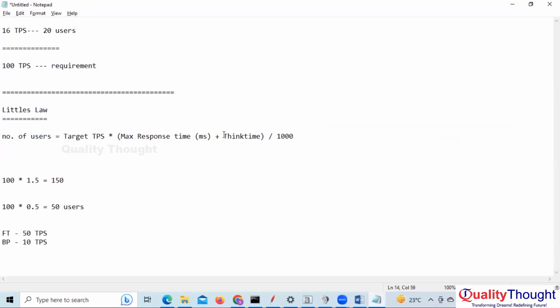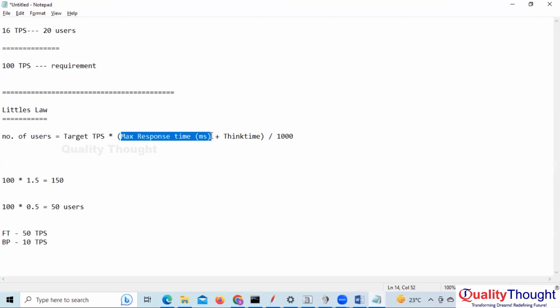Correct. But you have to give the overall think time here. That means 1 second plus 1 second, plus how many transactions you have? 5. So you have to give 5 seconds here. So that means 5,000. Yeah, 5,000. And maximum response time also, how do you need to calculate your maximum response time?